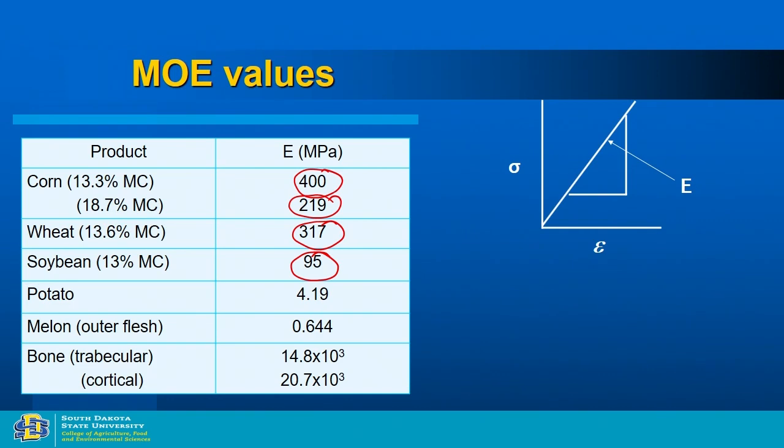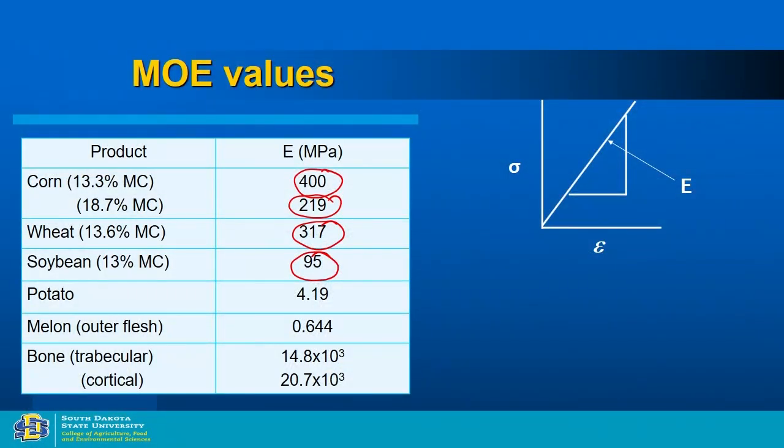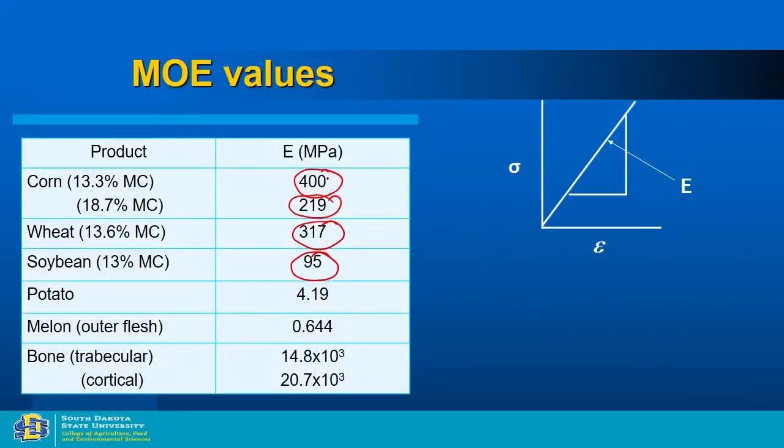Why is this so different? Primarily because of how these materials are produced. They have ingredients, and they have their own differences because of the composition of the product. They have different carbohydrate, protein, fat, things like that. So that makes this much different. Potato has a lower modulus of elasticity value.